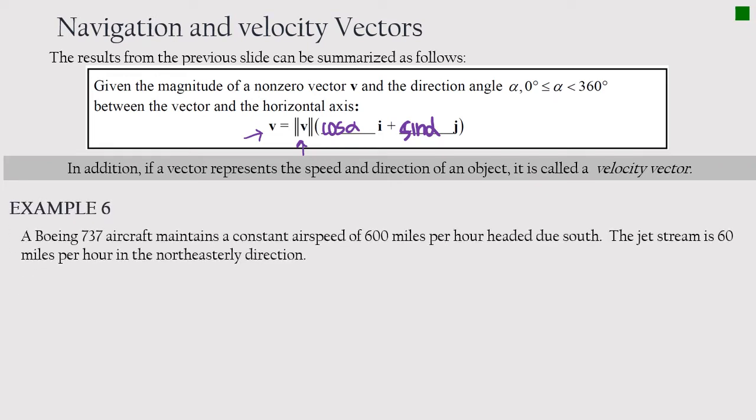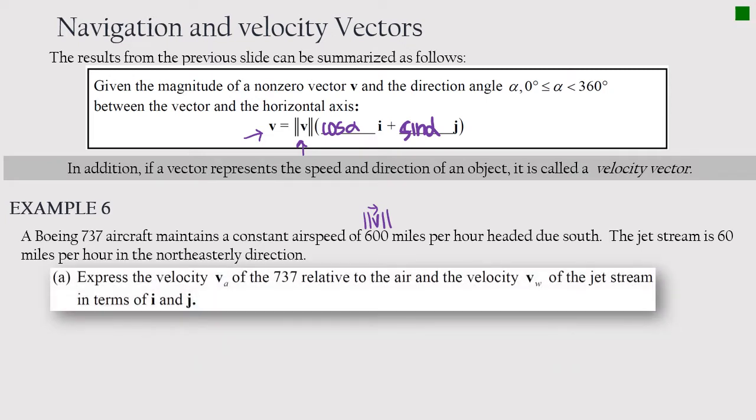So let's look at this example. An aircraft maintains a constant speed of 600 miles per hour headed due south. Okay, so here's our magnitude. The jet stream is 60 miles per hour in the northeasterly direction. Express the velocity of the 737 in the air relative to the velocity of the jet stream in terms of i and j.